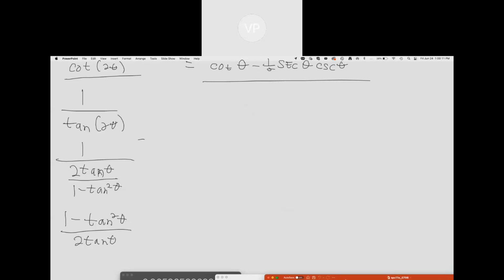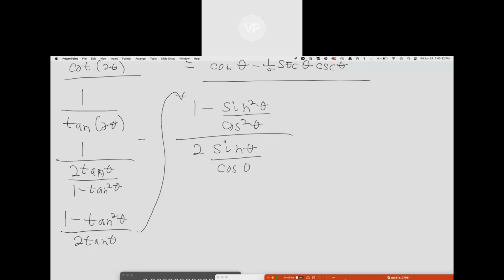And if I'm not seeing anywhere to go, like I don't see any immediate identities, I'm going to go back to our favorite old approach of let's make everything sines and cosines. So tangent square theta is sine square over cosine square. And on the bottom, we have 2 sine theta over cosine theta. Okay, now I'm still not seeing that right here, but let's just kind of look at what's going to happen.